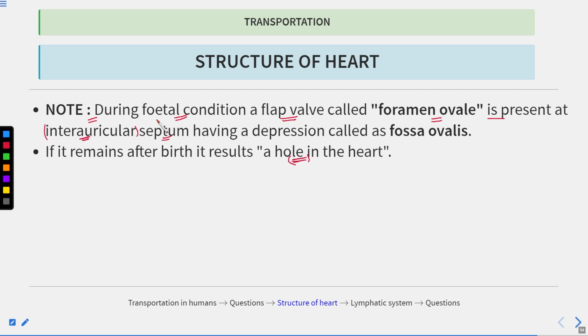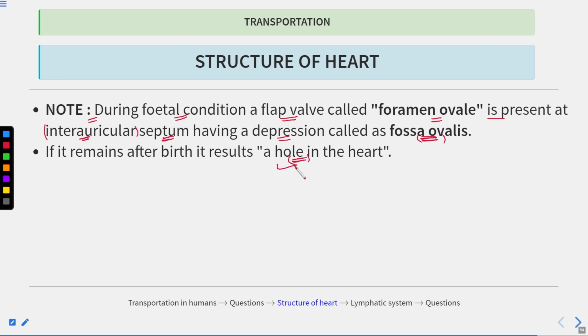We have studied the interauricular and the interventricular septum. This partition is present between the auricles, and it has a depression known as the fossa ovalis. This depression remains as such, and this forms the hole in the heart.